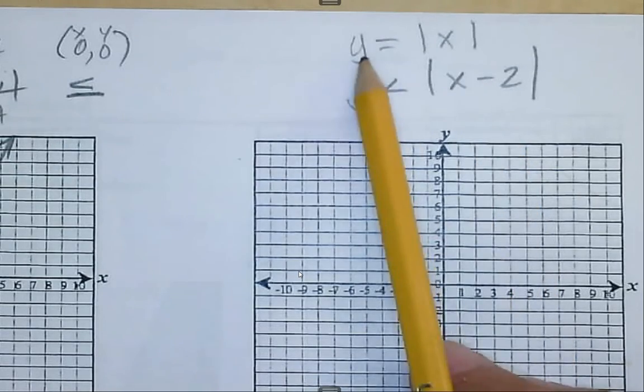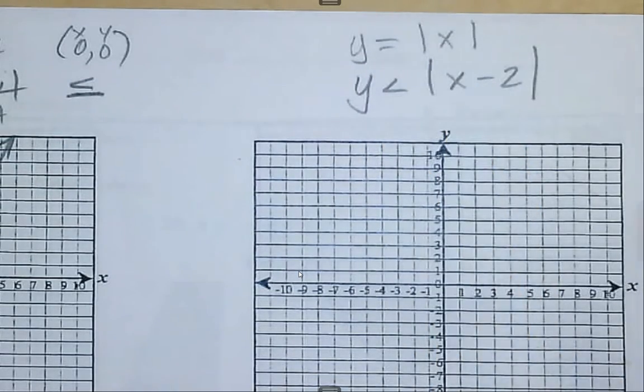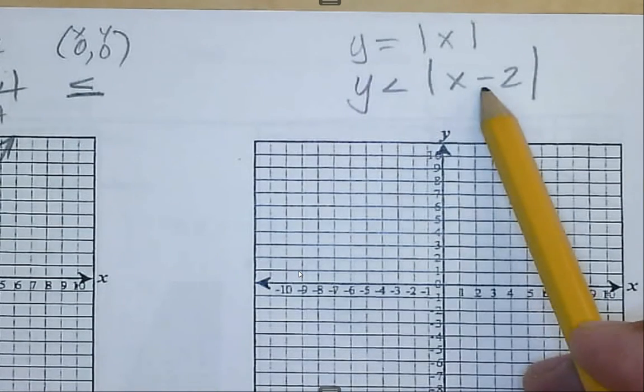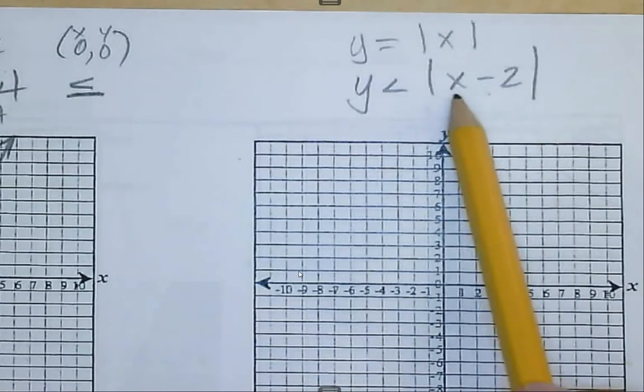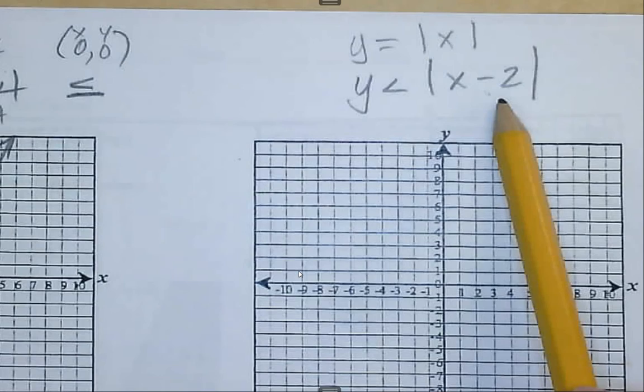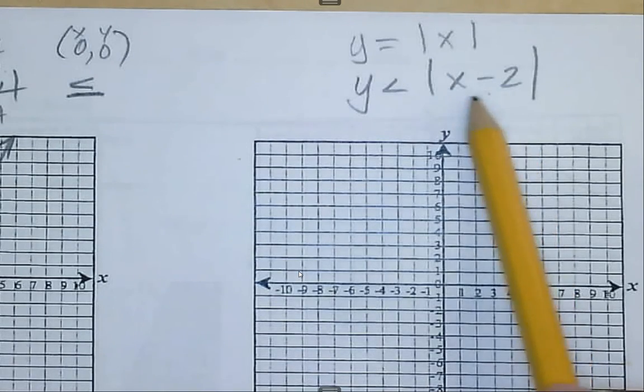Well, the normal graph, y equals absolute value of x, we know looks like a V, and it would go from the origin and go up like that in that direction. I don't want to draw on a paper, so I'm not going to do that for you. But what would happen here? What kind of transformation is this actually? Well, because it's inside the absolute value bars, it's a horizontal translation.